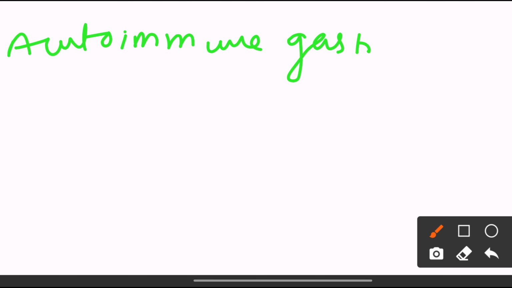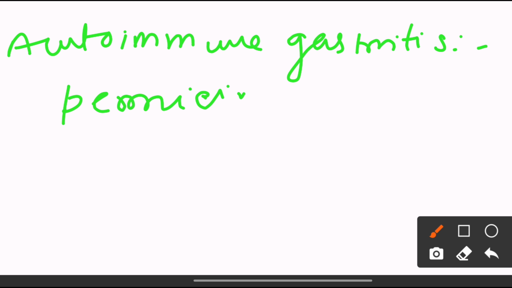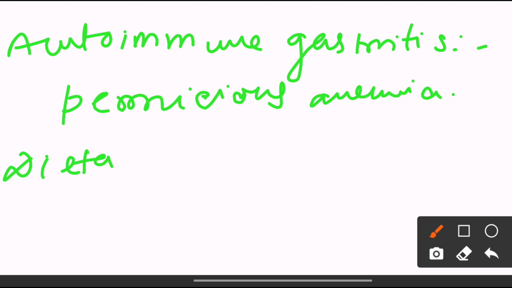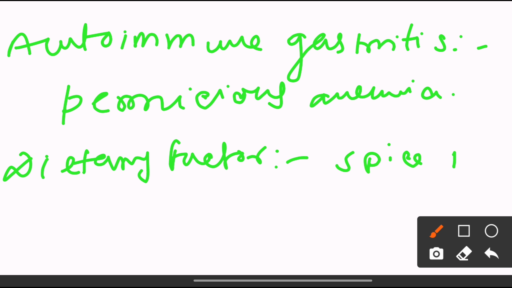And next, autoimmune gastritis. The body produces antibodies against parietal cells and intrinsic factor, which can cause pernicious anemia. Dietary factors, like spicy food, contaminated food.